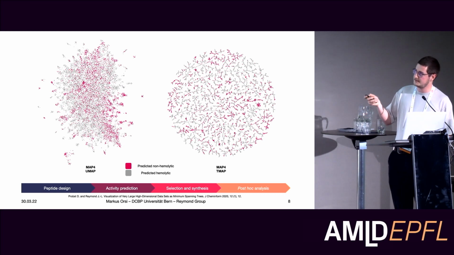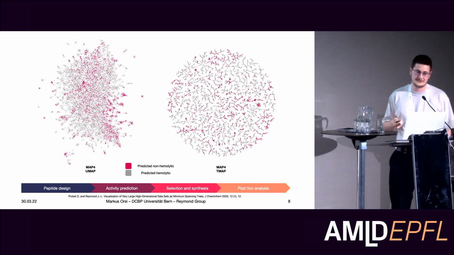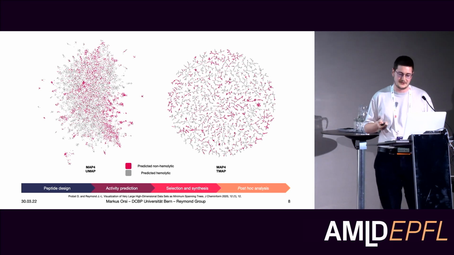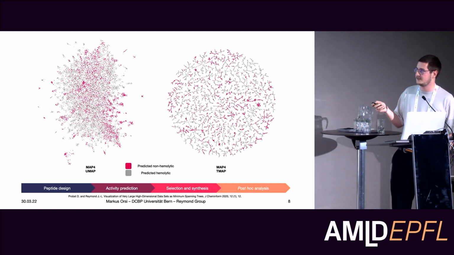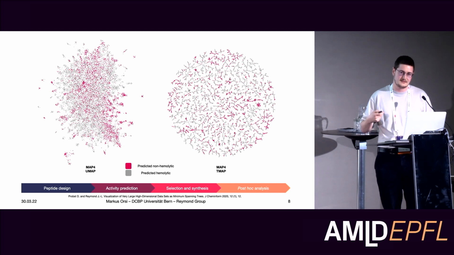You can see in the UMAP space here that there are a few clusters, but there are no clear clusters. So this is actually quite a difficult task to carry out. This indicated to us that it's not very trivial to define subspaces in the peptide space where all of the sequences are non-hemolytic.